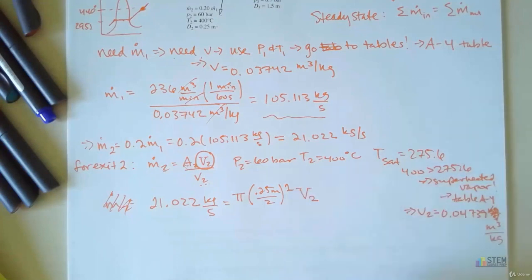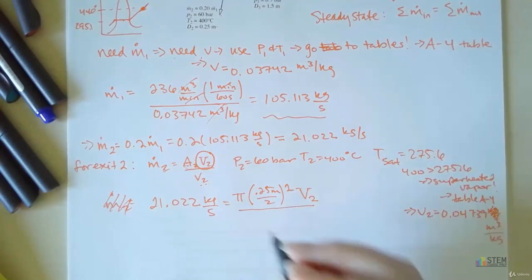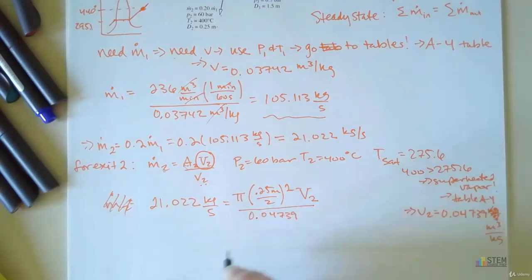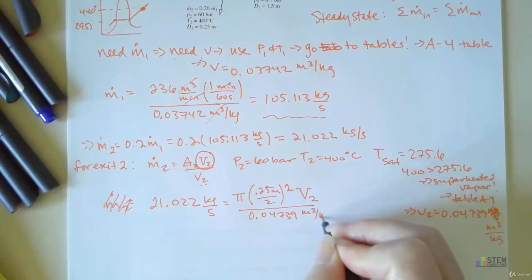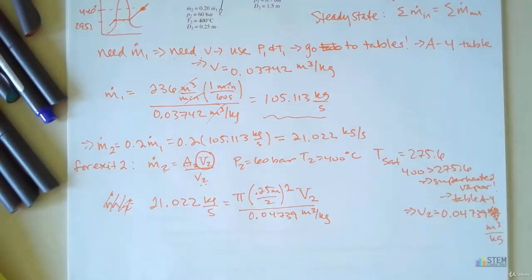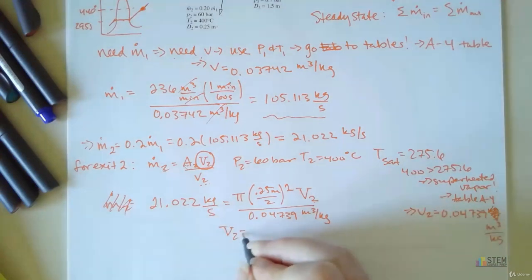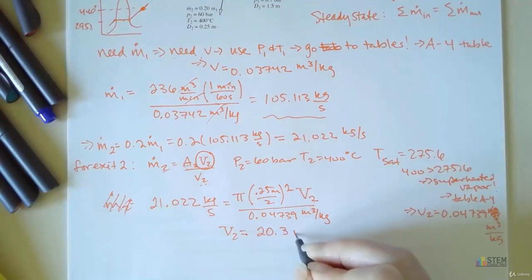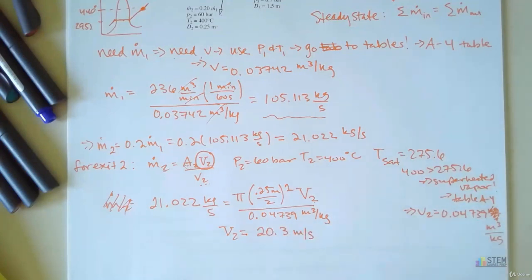Multiply that by the velocity at that exit, and divide by the specific volume we just found in the table, 0.04739 cubic meters per kilogram. Now we have one equation, one unknown. We can solve for V2, which is our velocity, which we were wanting. That's going to give you 20.3 meters per second.